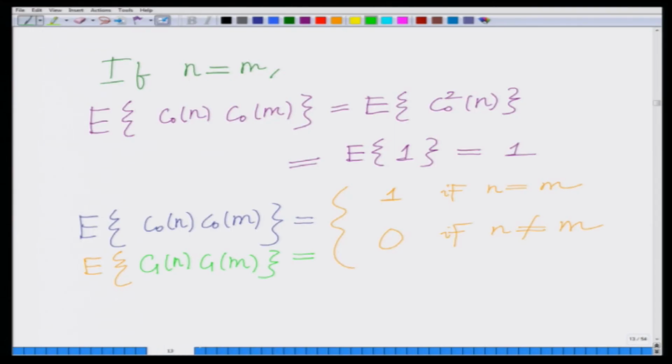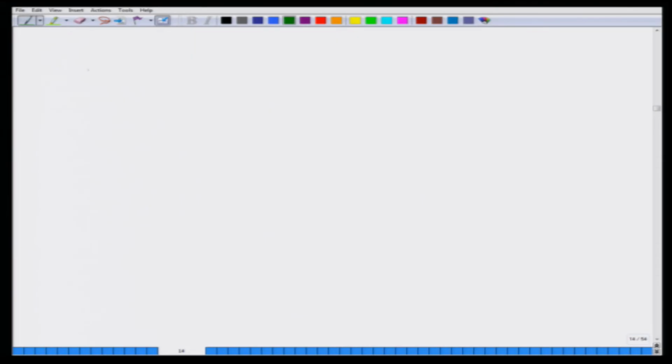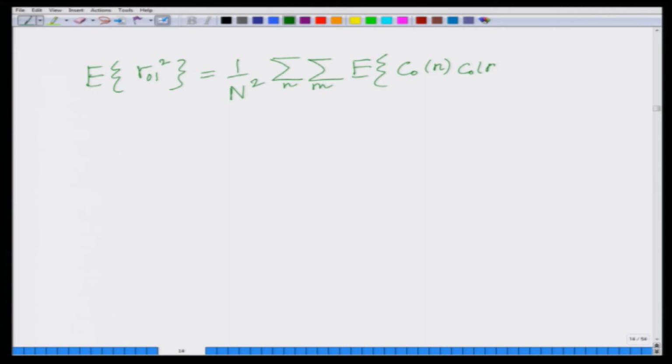Therefore, the power of R01, that is expected value of R01 square, can now be simplified as 1 over n square summation over n, summation over m, expected value of C0n C0m times expected value of C1n C1m.